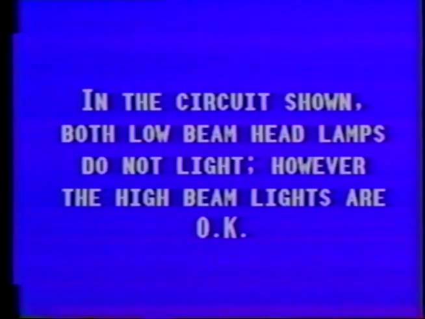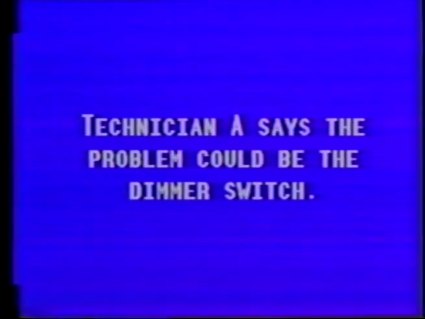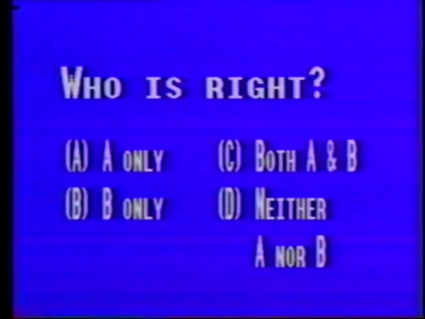However, the high-beam lights are okay. Technician A says the problem could be the dimmer switch. Technician B says the problem is a defective headlight switch. Who's right? A only, B only, C, both A and B, D, neither A nor B.